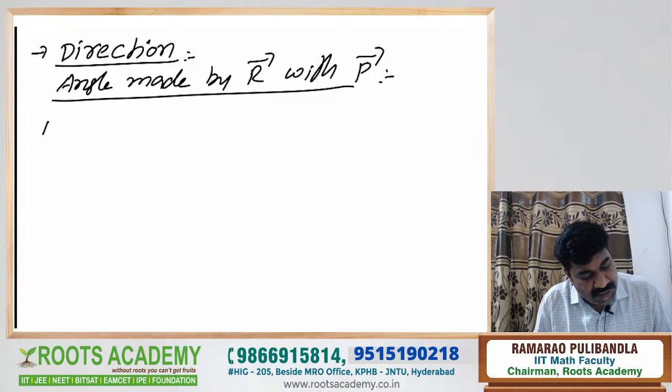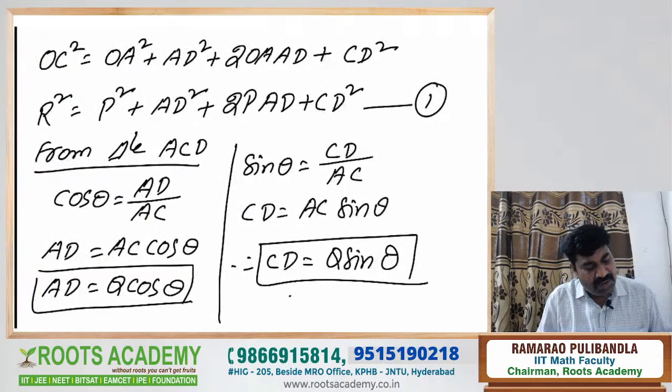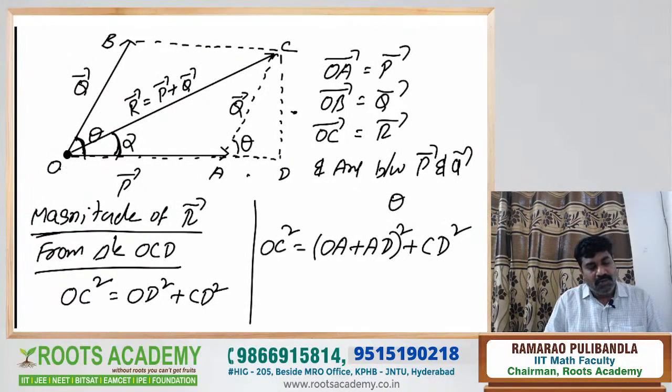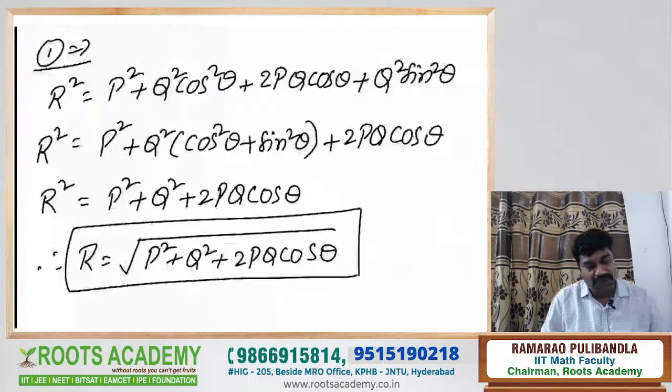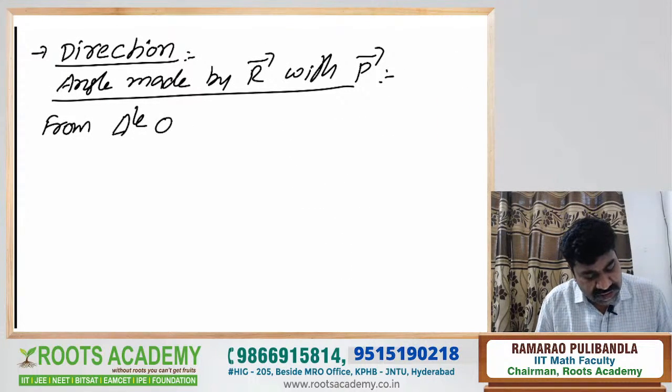From right angle triangle OCD, what is the angle alpha? Opposite side is CD and adjacent side is OD.